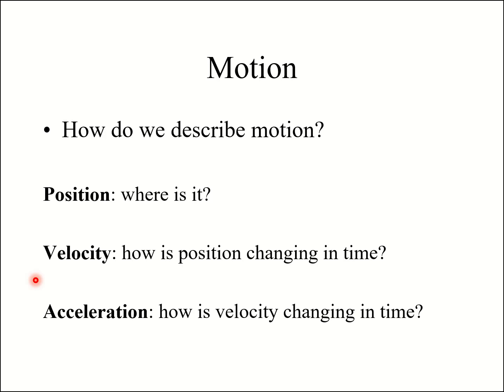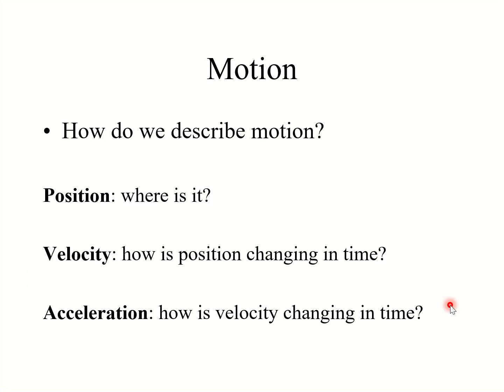I'm quite certain most of you have heard of these words before. You've probably used them in everyday discussion. As we're going to see in the first few lectures, though, some of the ways we use these in everyday language are going to be slightly different from how we use them in physics. One of the major ways they're different is these are all vectors, which means they have direction.